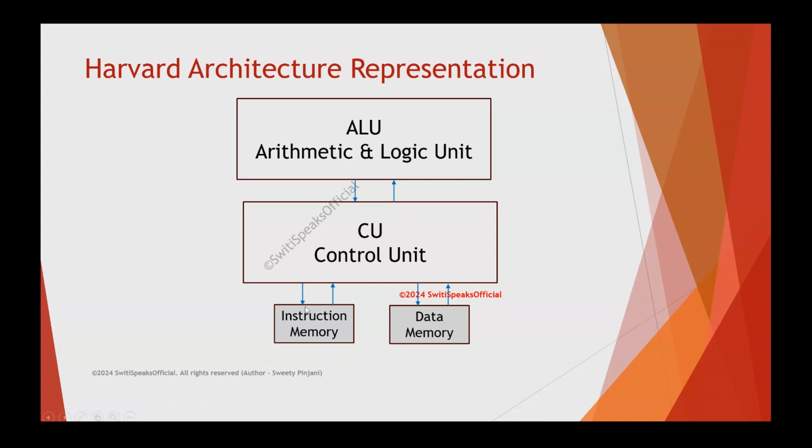So you will have an instruction bus which will carry your instruction. You will have an instruction address bus which carries the address of your instruction. You have a data bus which will carry the data information. You have the data address bus which carries the address of data.